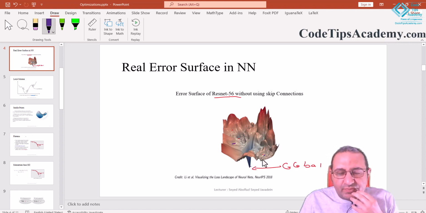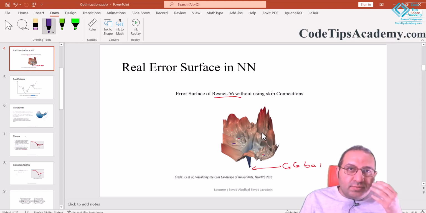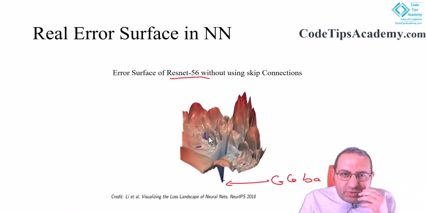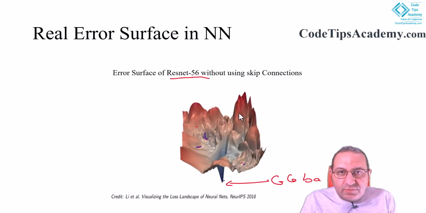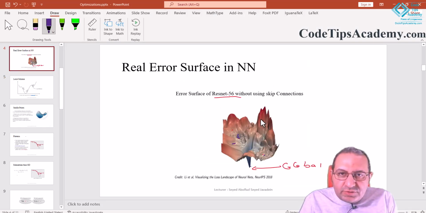But if you start training your neural network from this point, you may get stuck in a local minimum. If you start from here, you go here and get stuck in another local minimum.